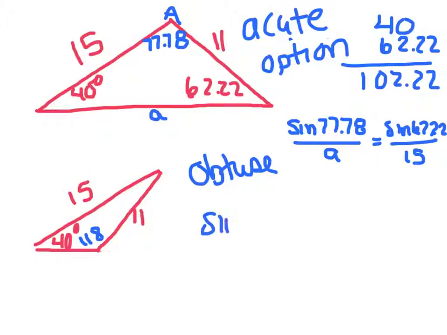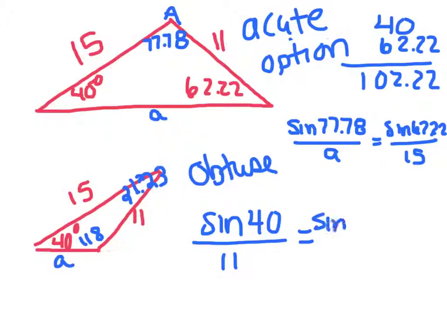And so it's going to be sine of 40 over 11 equals, and I'm going to have to figure out what this angle is right here. So I'm going to take 40 plus my 118.77, subtract that from 180. This angle is 21.23. This is side A, equals sine of 21.23 over side A, cross multiply, get that answer.